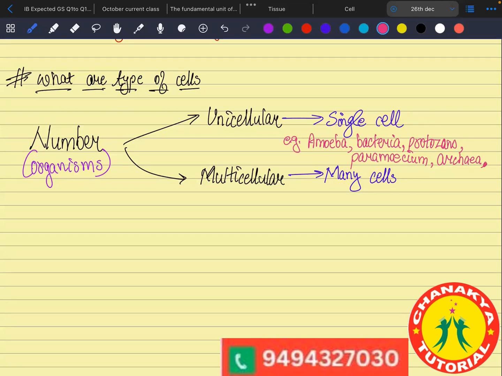So there are many organisms which are unicellular, which means that they are made up of a single cell.